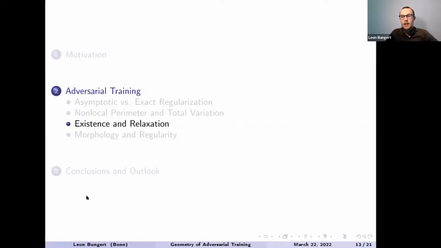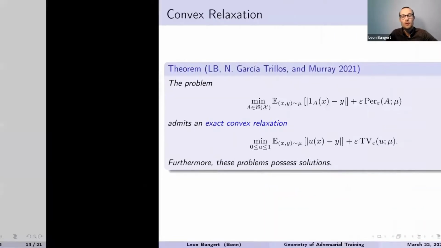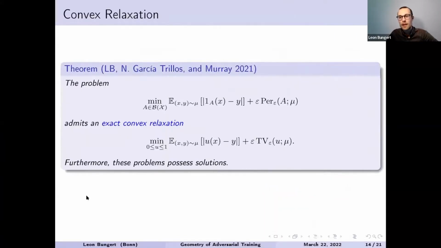And now we can start the machinery. We can try to prove existence using the standard method of calculus of variations. And what we get is the following nice theorem. Namely, the adversarial learning problem that we started with, the one over here with the perimeter regularization, has an exact convex relaxation, which is this problem here where we now minimize over functions instead of sets, which have values between 0 and 1, and we penalize these functions with the total variation over there.